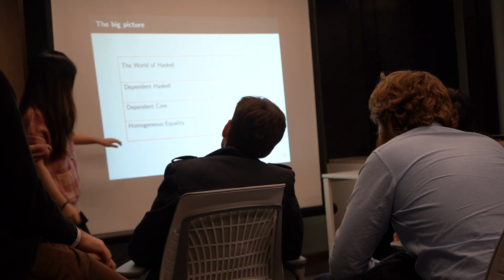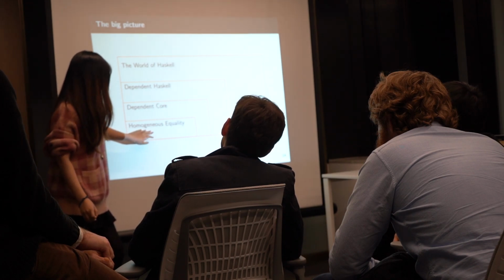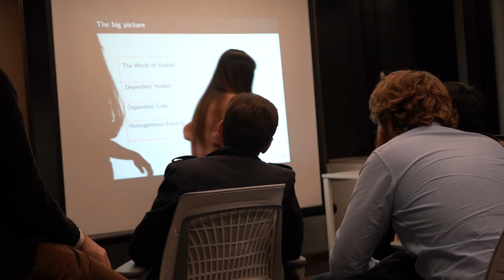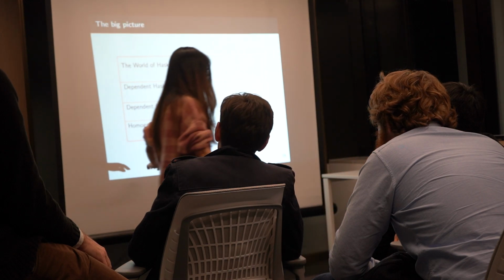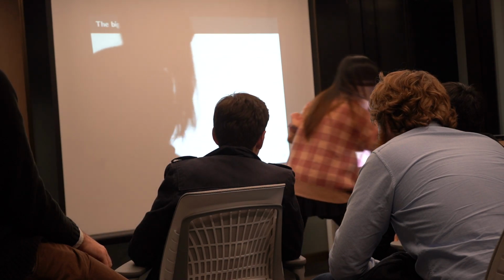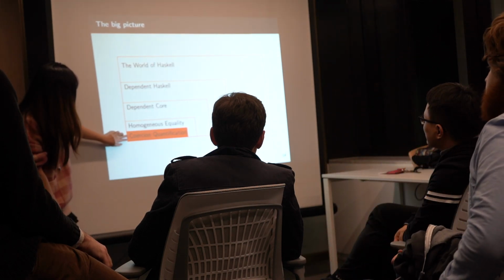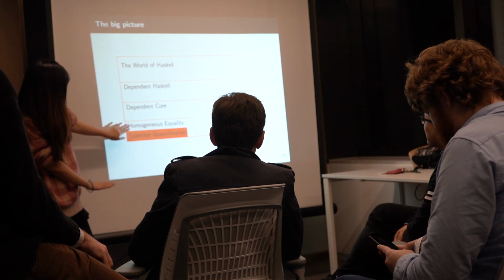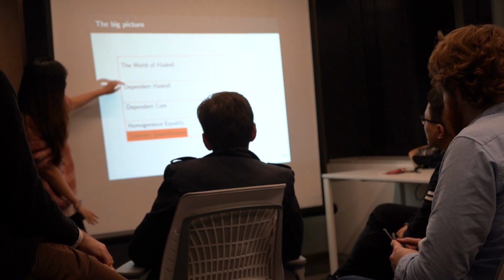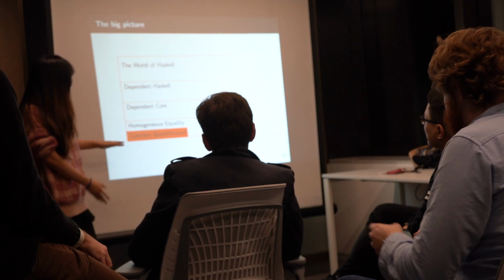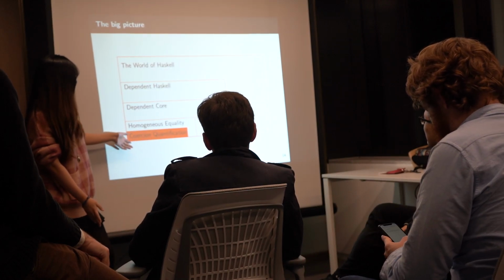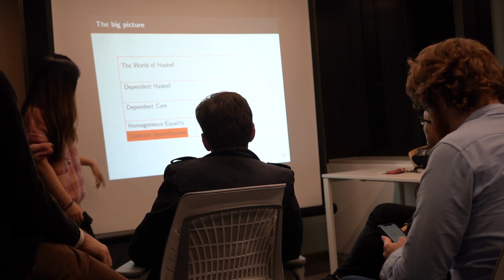I'm not going to explain what homogeneous equality is to you. And then to implement homogeneous equality in GHC, we find that we want coercion quantification. So this is the step we are now at in GHC towards our goal. We are still at a very early stage in this whole picture.